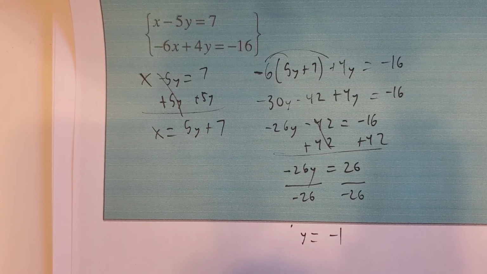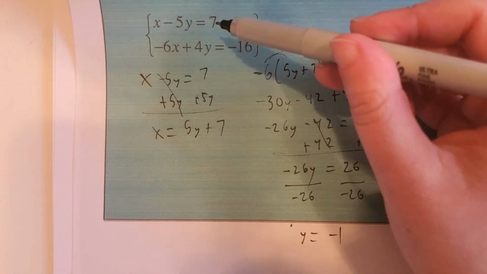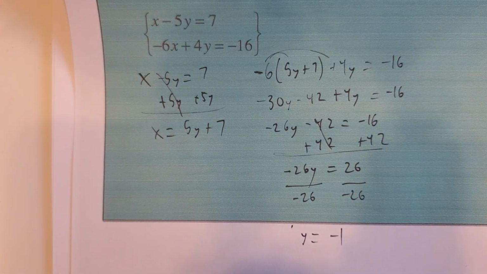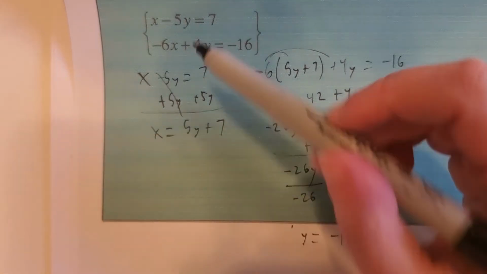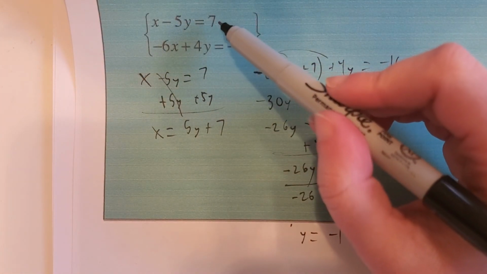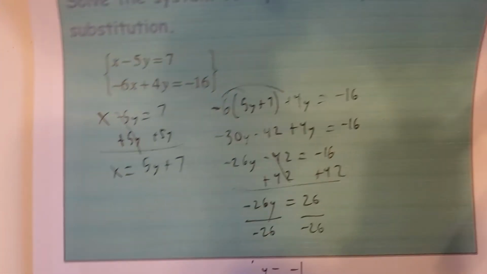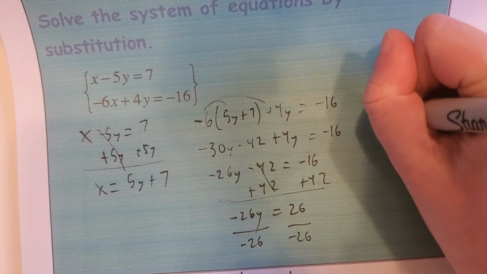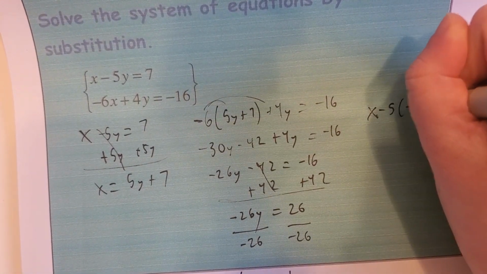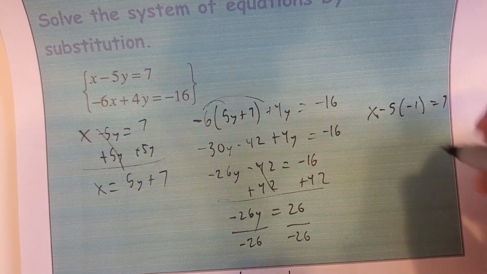You do need to plug this y value back into either one of the two original equations. It doesn't matter which one. If you did this properly, you should get the same x value. I'm going to plug it into the first one because I think the numbers are a little bit nicer. So x minus 5 times negative 1 is equal to 7.